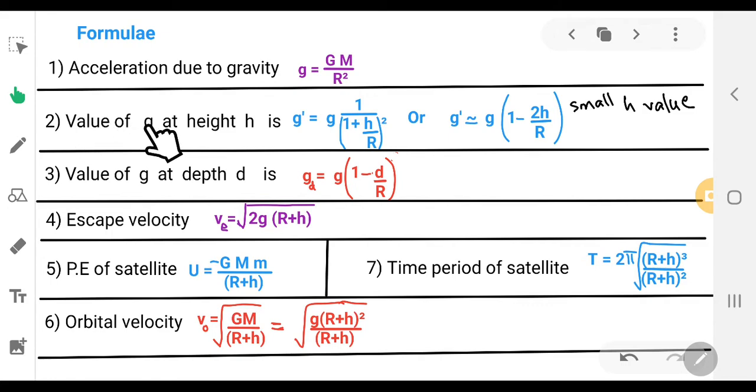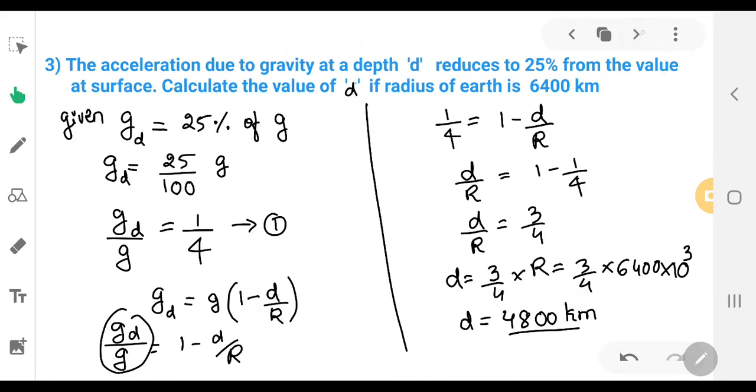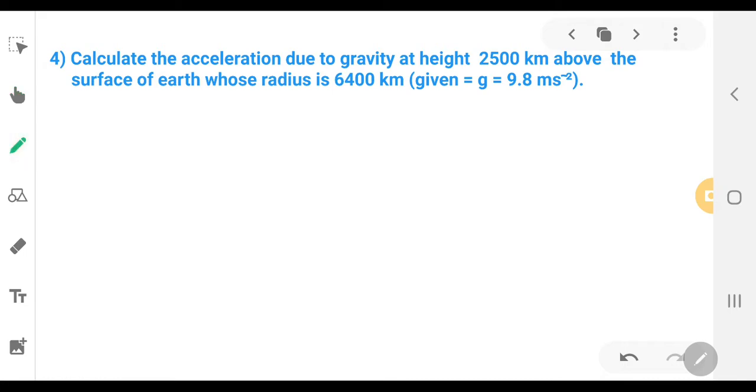See, the value of g at height h. If the height is large, g into 1 plus h by r the whole square, you can use this equation, or for small h you can use the second equation. But as the h value is 2500, you have to use this equation to calculate the acceleration due to gravity above the surface of earth.